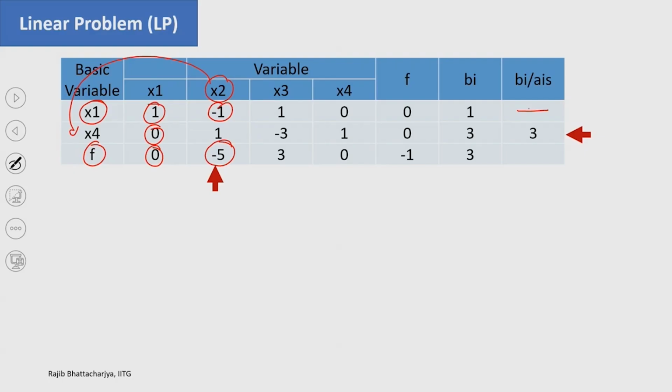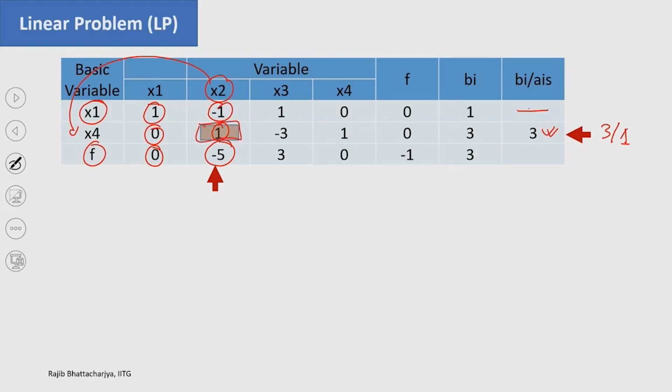And so, only the coefficient of x2 in the second equation is 1. Now, if I calculate the ratio, that is 3 by 1. So, therefore, it is 3. So, we have only one value. So, therefore, we will consider this particular element as the pivoting element.